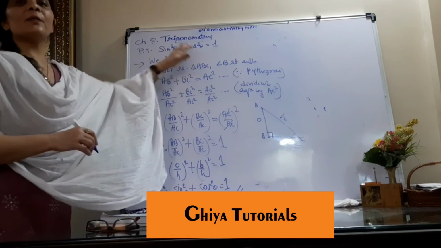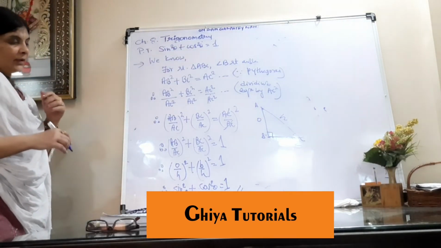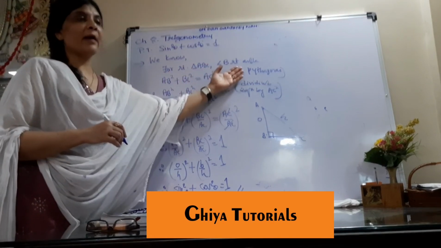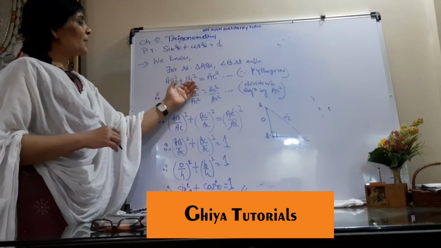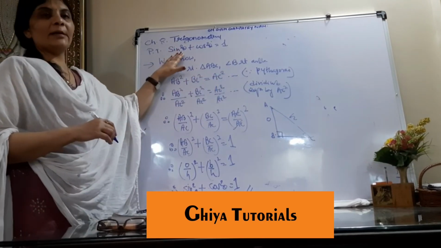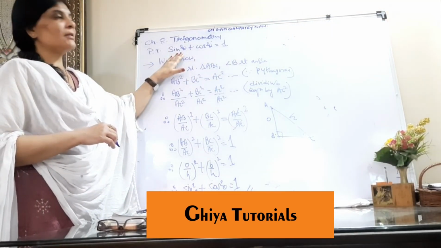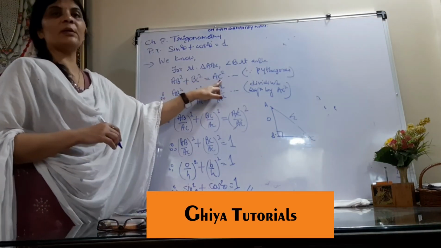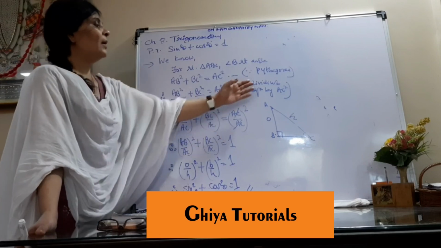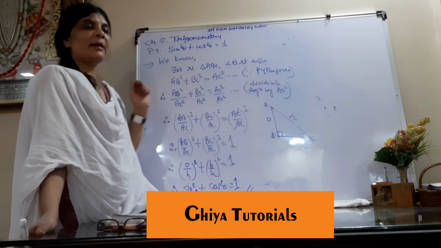Prove that sine square theta plus cos square theta equals 1. I am repeating once again. For right triangle ABC, angle B right angle, AB square plus BC square equals AC square because of Pythagoras. So we are proving this identity using the Pythagoras statement. You have to divide this equation by AC square, dividing both sides of the equation by AC square.